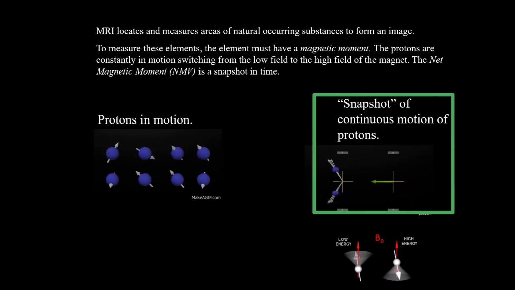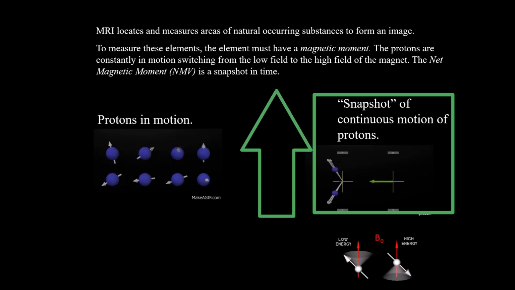A snapshot in time would always show that there are more protons aligned at the low energy field than there are at the high energy field. So we would have more protons aligned to the north along the magnetic field than to the south.